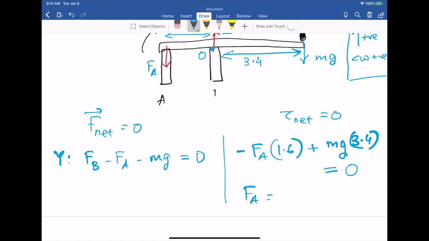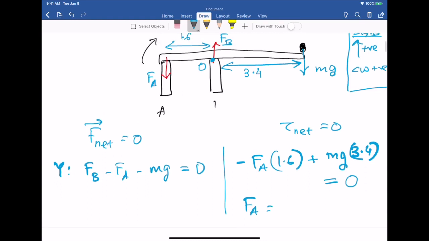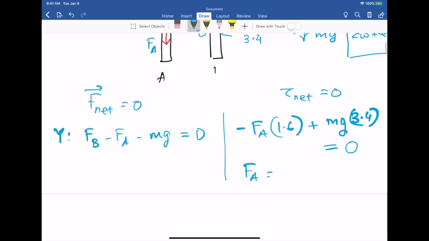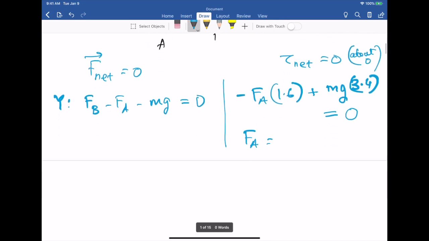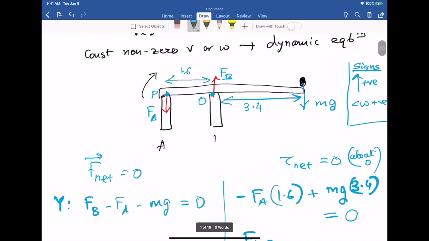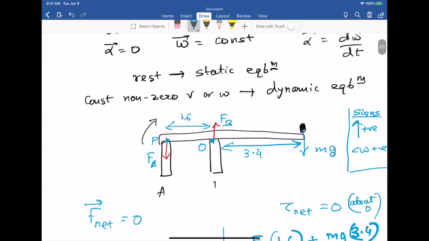Now, there is another way you could have gotten Fb directly. Can you guess what that method is? You would just choose to calculate torques about this point. Let's call this point P. So this was about O. Let's do net torque equals 0 about the point P, and I'll just do it over here so that you can see the figure.